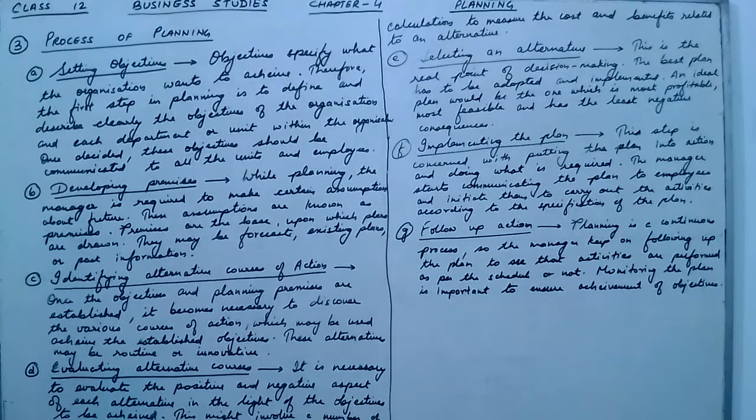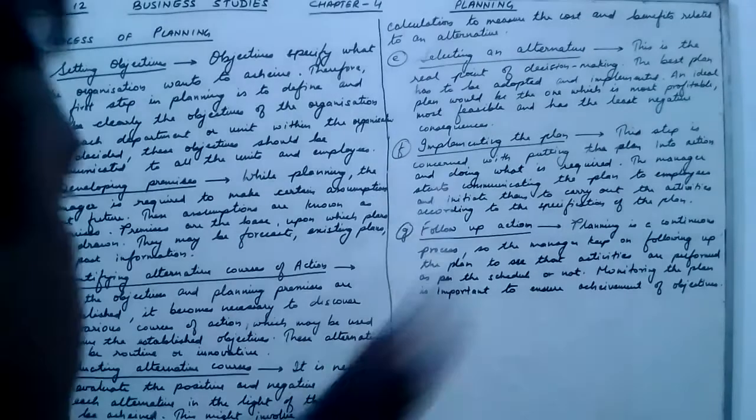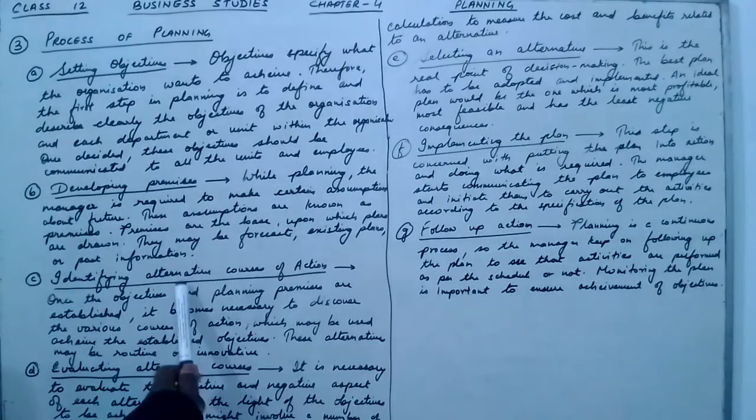Now the third process of planning is identifying alternative courses of action. Once the objectives and planning premises are established, it becomes necessary to discover the various courses of action which may be used to achieve the established objectives.